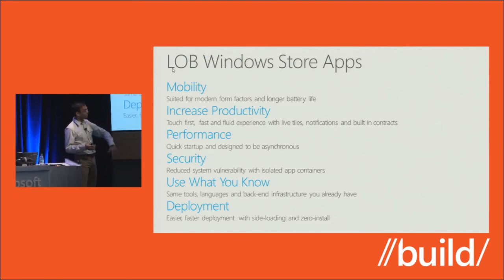We actually have a partner who did a 17,000 person conference on the RTM bits for the kiosk scenario. There is another embedded team that is building a kiosk scenario very soon, and that is going to work for Windows RT also. So that might be another option. And finally, as I said, Windows Intune. You might want to check how much control it provides you, and whether that is enough for you.